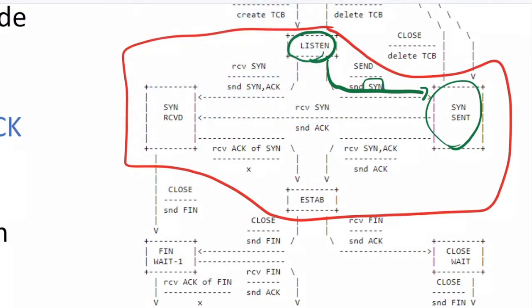On the other hand, at the right hand side, the server will wait at listen state, and it will receive a SYN and go to SYN received state. And at this moment, it will send the SYN packet as well as the ACK packet back to the sender, to A, right? So the SYN ACK will be sent.